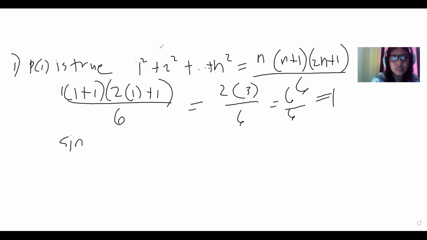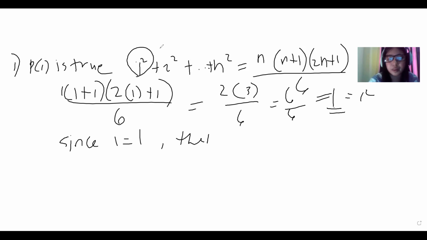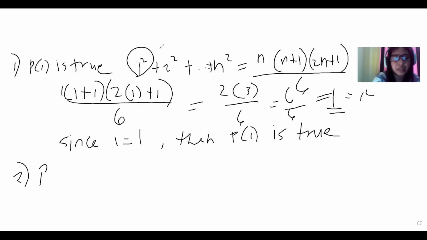Since 1 is equal to 1, and the 1 is, of course, the same as 1 squared, which is our first term, therefore P of 1 is true. Number 2: let us also show that it is true for P sub k. To show this, we will just substitute k in place of n.